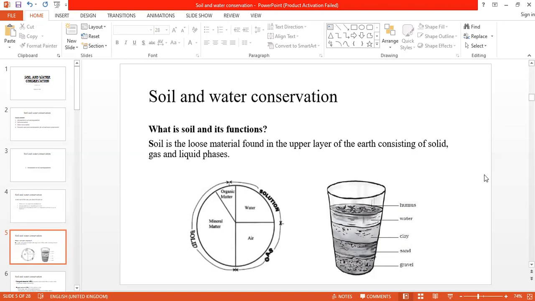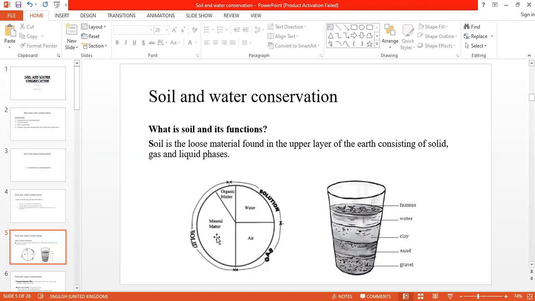When you look at the composition in detail, you see the brown material that we are able to see. That material is mainly the mineral matter, the structural makeup of the soil, what we see with our naked eyes.